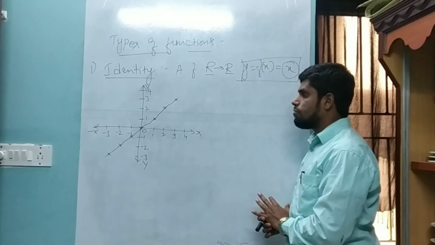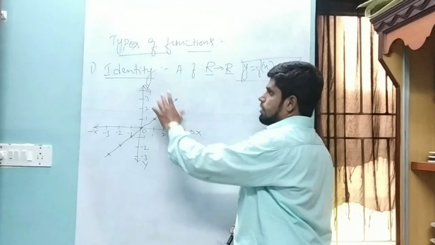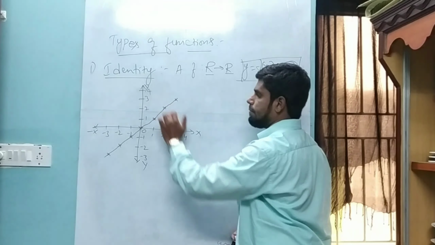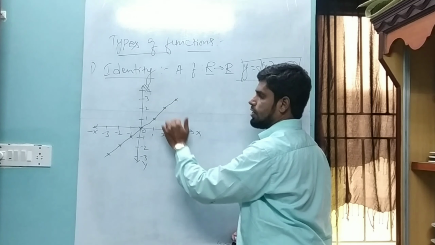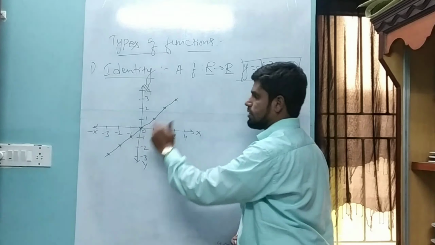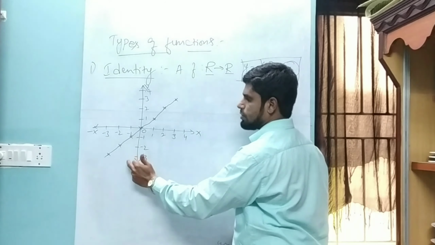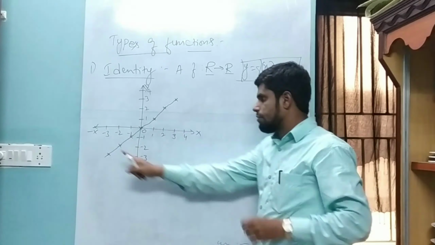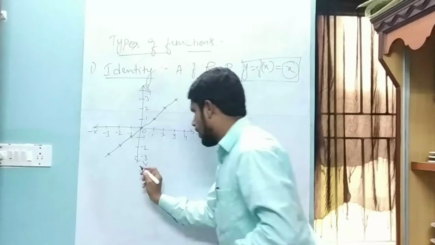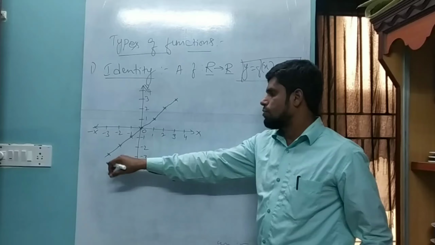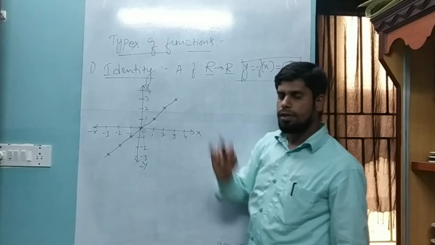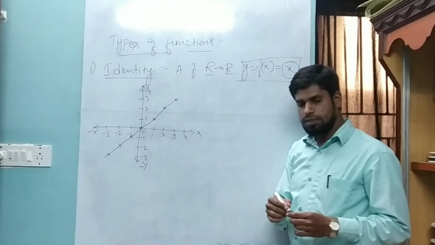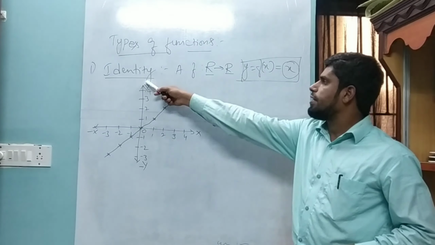And one more speciality in this: this line divides the xy plane into two equal, symmetrical parts, the positive xy plane and the negative x, negative y plane. It divides into two symmetrical parts, and the line is always passing through the origin. This is the graph of an identity function.